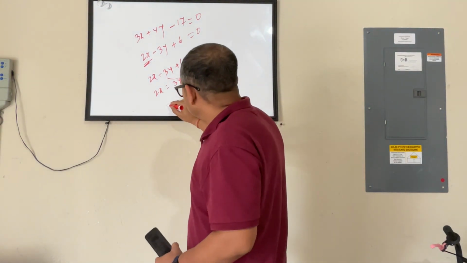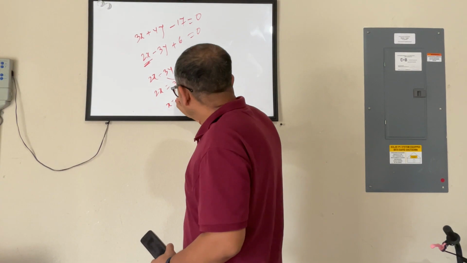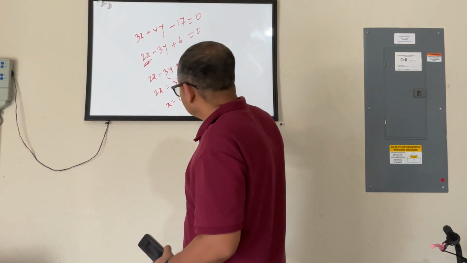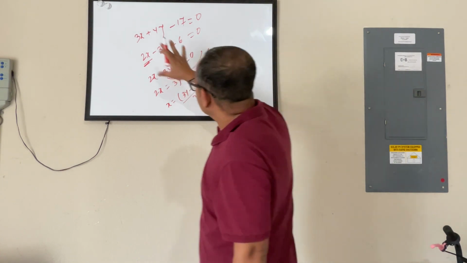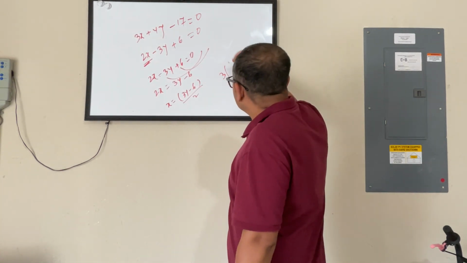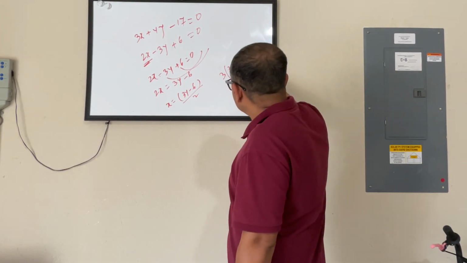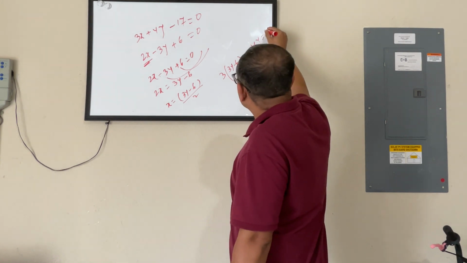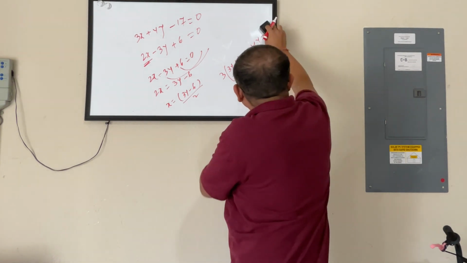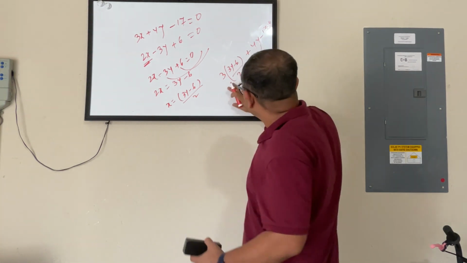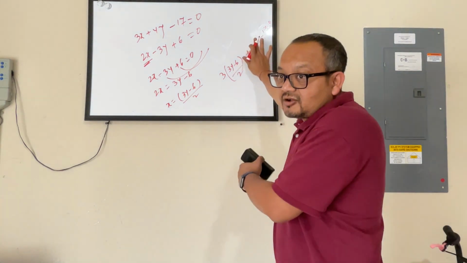So x equals (3y minus 6) by 2. Now I will take this value and substitute here. So 3 into x, x is (3y minus 6) divided by 2, plus 4y minus 17 equals 0. So now I have only y and constants.